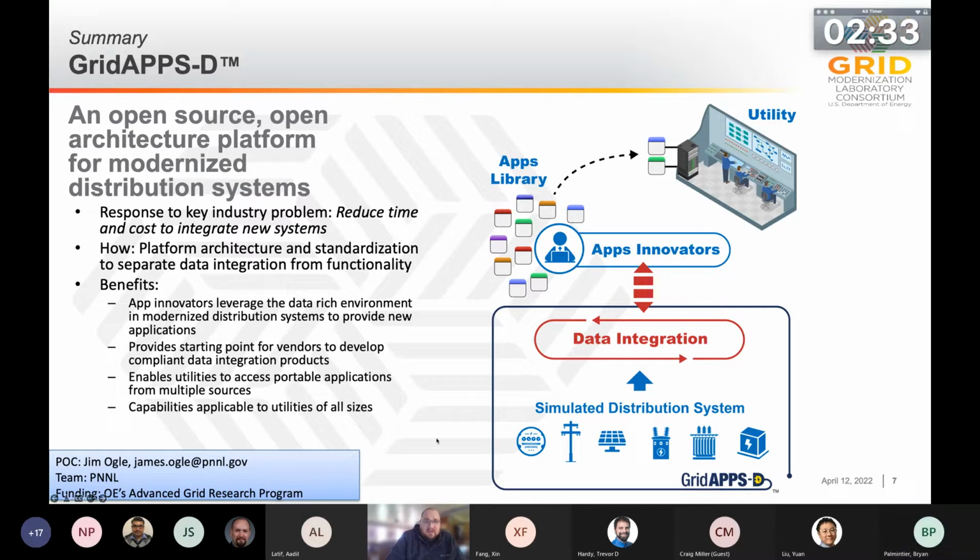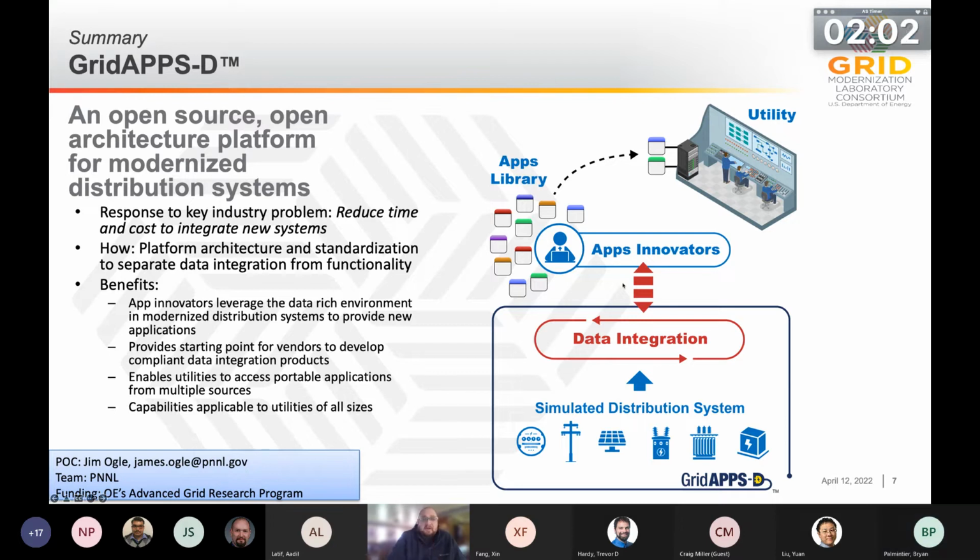The app innovators are able to leverage the data-rich environment model from whether it's the real world or a simulated world. So the platform needs to be able to provide an accurate simulated model of the real world, a model of a distribution system. So that's where Helix comes into play.